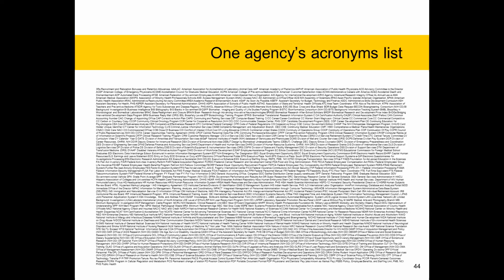Okay, this is one agency's acronyms list. Please don't do this. This is just depressing. If you have to use this many acronyms, maybe you need an intervention. Maybe you need a plain language intervention. But it's interesting, though, that acronyms are not necessarily consistent across the federal government.